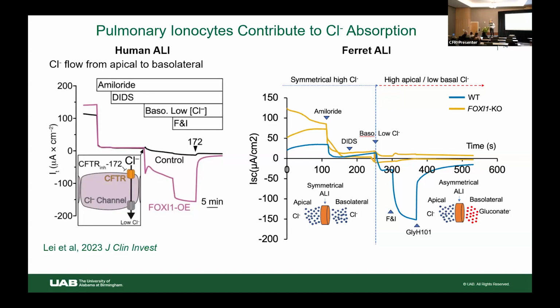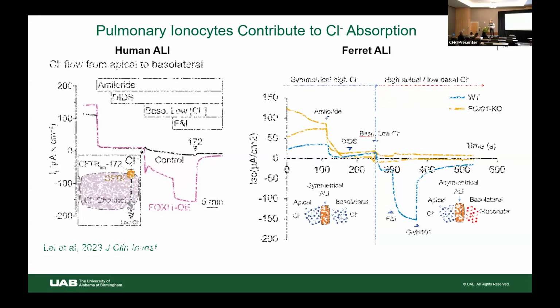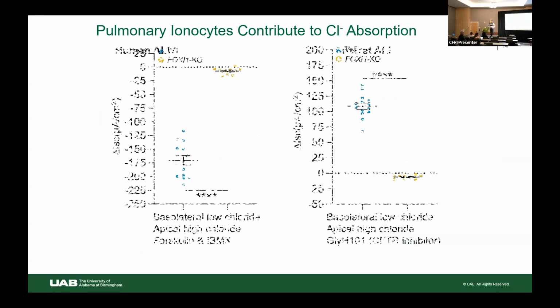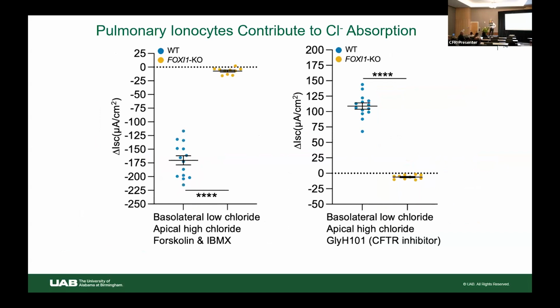And the FOXI1 knockout group, which is an ionocyte depletion group, showed the absence of chloride absorption by those Ussing chamber assays under short circuit current conditions. Then going to the quantification, we can clearly see the ionocyte-depleted cultures showed significantly reduced chloride absorption.